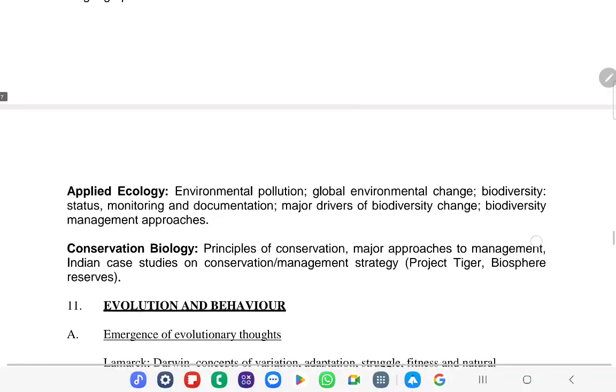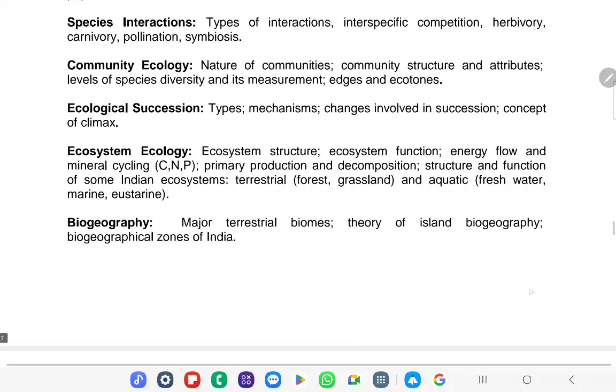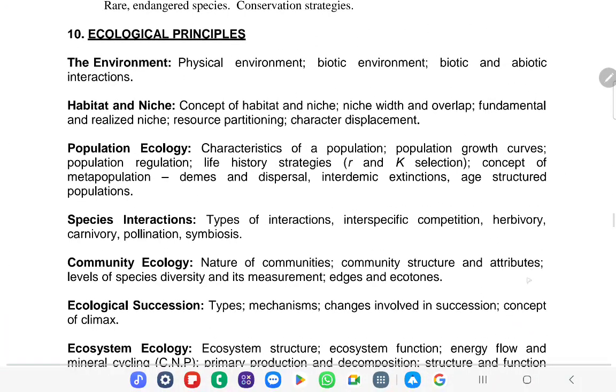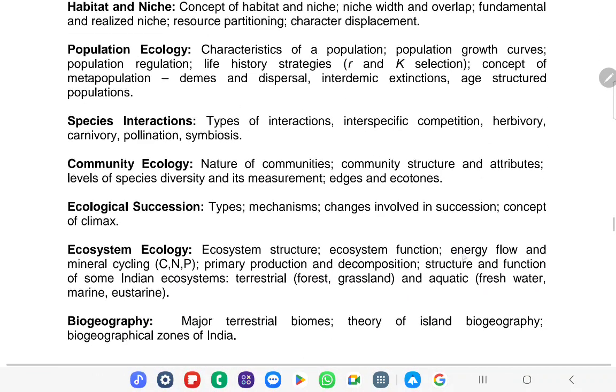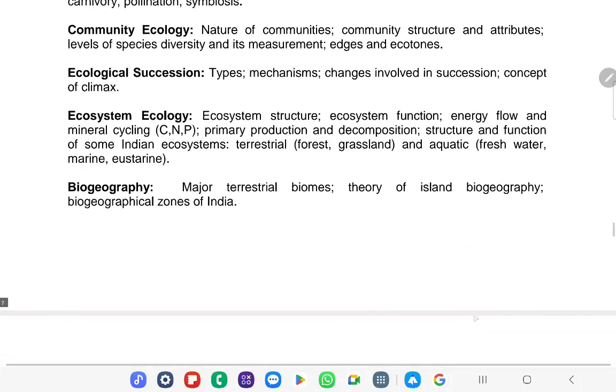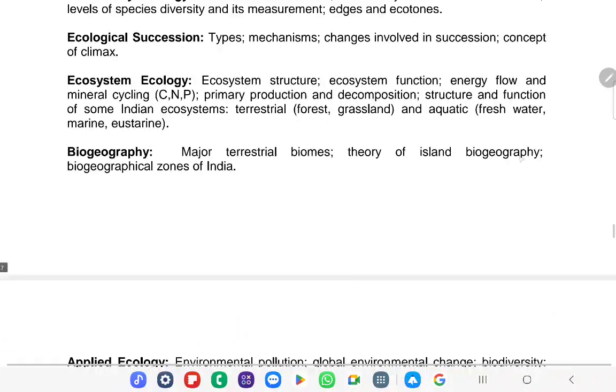These are the subtopics of ecological principles. This includes 1, 2, 3, 4, 5, 6, 7, 8, 9 and 10 subunits.